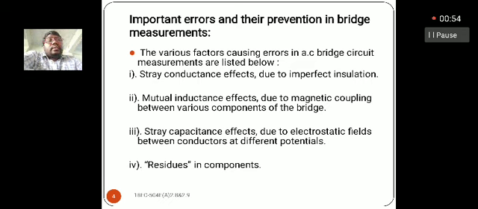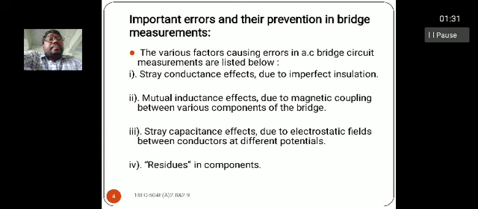The first important error is the stray inductance effects due to imperfect insulation. The second is the mutual inductance effects due to the magnetic coupling between the various components of the bridge. The next one is the stray capacitance effects due to the electrostatic fields between the conductors at different potentials and residues in the components.